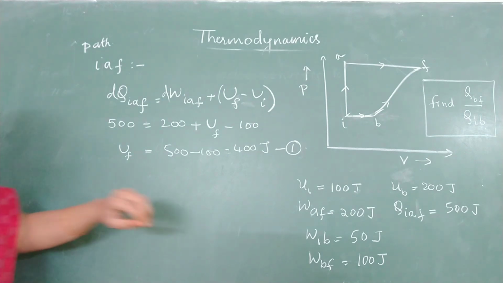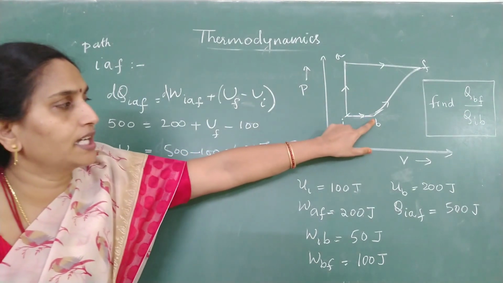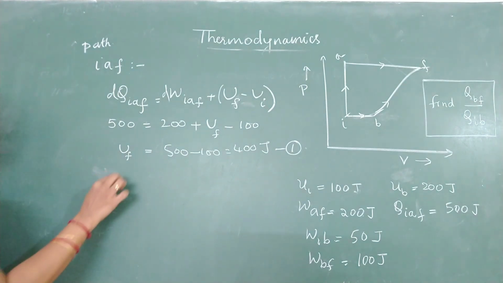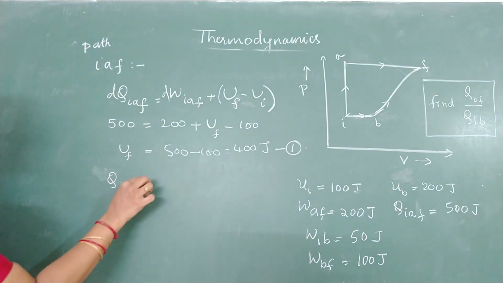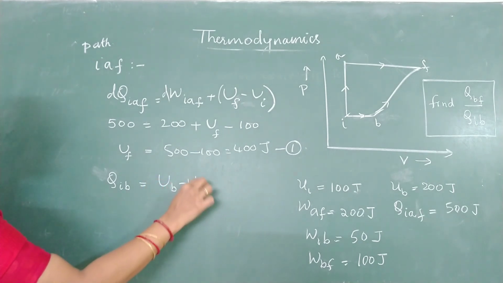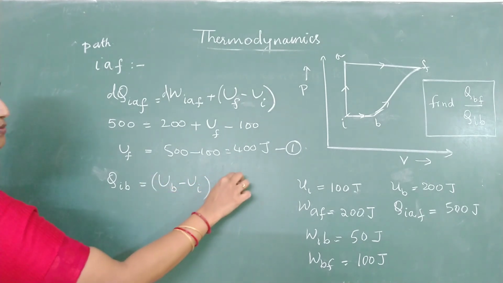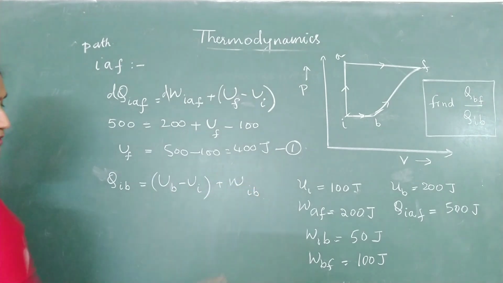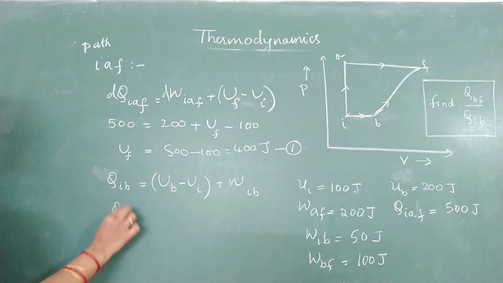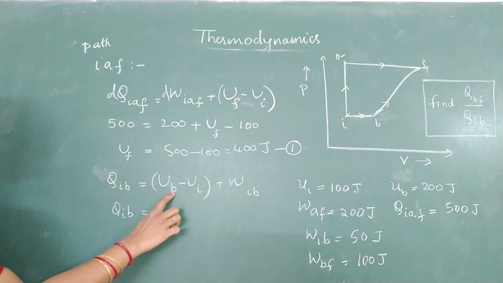Now I will apply the same first law of thermodynamics for the process I to B. Energy supplied from I to B should be UB minus UI, the change in internal energy, plus the work done from I to B. Since we need this value of QIB, I leave it as it is. QIB is equal to UB.